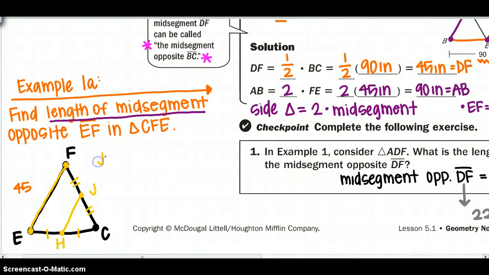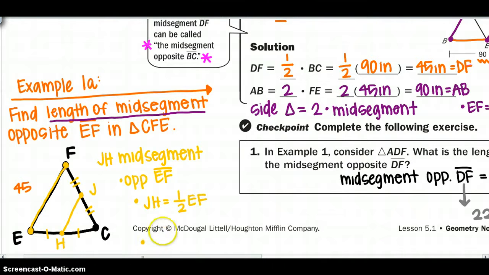We know now that JH is the mid-segment. We also know it's opposite EF. We know that JH equals half of EF. And the third thing we know is that JH is parallel to EF.